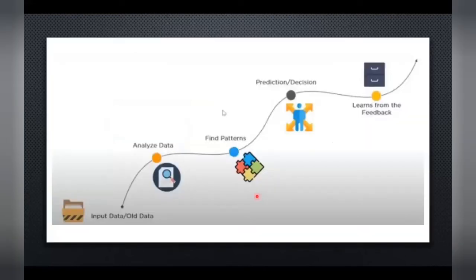In a very simple way, if you're given a fruit basket which has multiple fruits of different shapes, colors, and sizes, the machine analyzes the data and finds a pattern. This one is bigger, this one is red in color, this one is small. So it finds a pattern, predicts, decides, and segregates. Now, suppose it makes a mistake in prediction or decision.